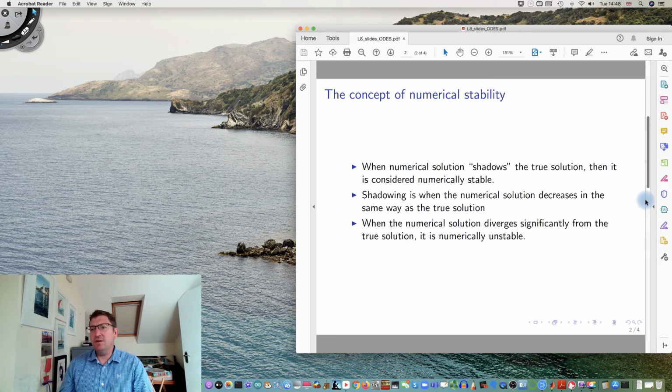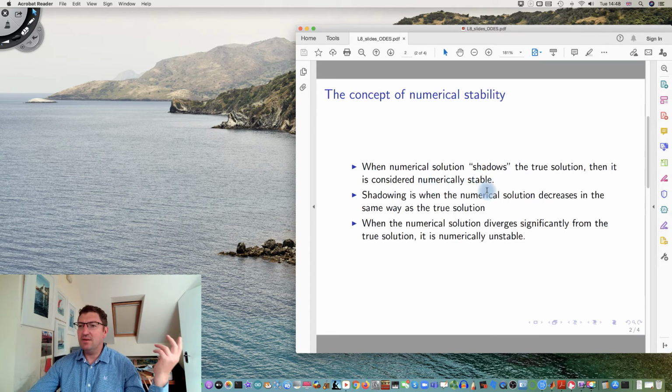So I introduced this idea of shadowing. Now, if you don't like this concept, then forget about it. It's just my one way of trying to explain a difficult concept. The idea is that when the numerical solution shadows the true solution, it follows it. So if the numerical solution decays when the true solution decays, then it's considered numerically stable. That makes sense, doesn't it?